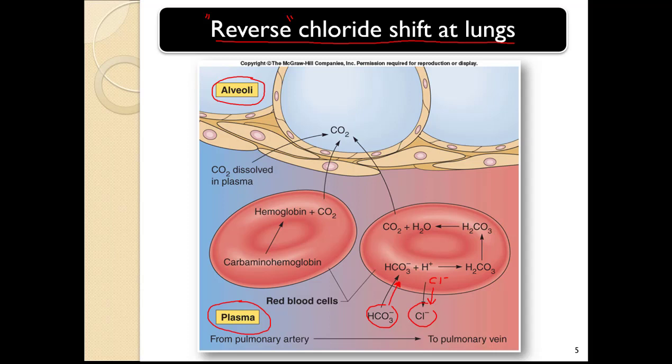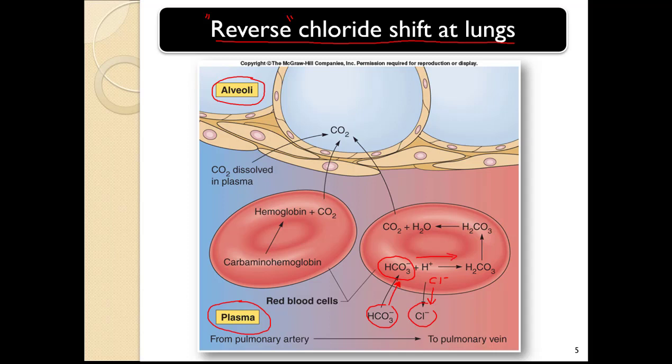Now, within the red blood cells, there is an enzyme called carbonic anhydrase, and this facilitates the ability of the bicarbonate equation to take place in either direction. In this case, since at the lungs here, we're now having a bunch of bicarbonate re-enter the red blood cells, what happens is it shifts everything in this direction.